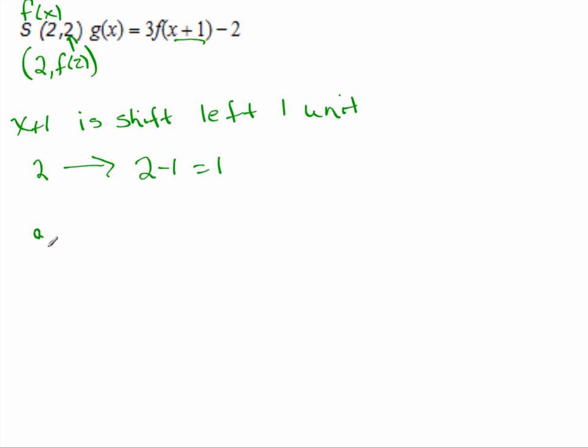So what is g of 1? All right, I take my x value and I substitute it into this transformation. This is 3 f evaluated at 1 plus 1 minus 2. So let's simplify.